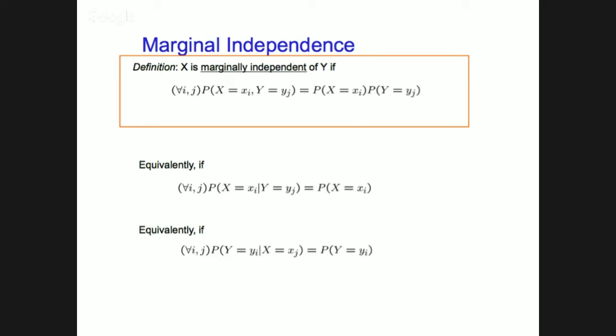So probability of x, y will be equal to the product of the probability of x and probability of y. This can also be written in the form of p of x given y. You get rid of the y term because x is marginally independent of y, and the right-hand side is just p of x. So this is marginal independence, and this would help us in graphical models.